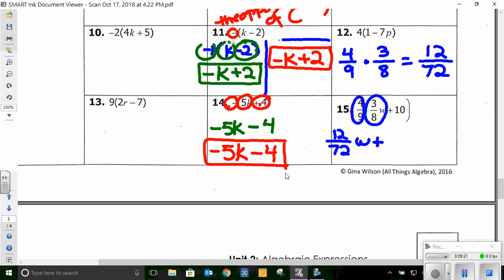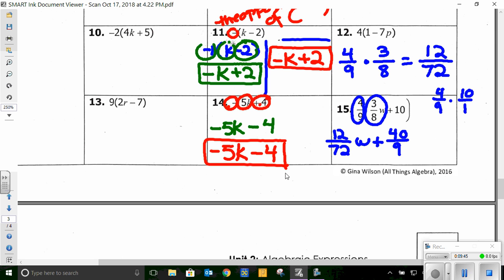I'm adding to it now the 4 over 9 times a 10. Well, remember, 10 is over 1. So if I do that math, I have 4 over 9 times 10 over 1. And when I do that, it's going to be 40 over 9, because 4 times 10 is 40 over 9 times 1 is 9.